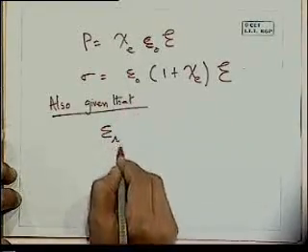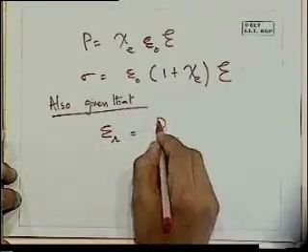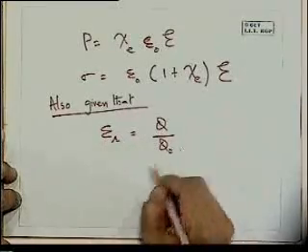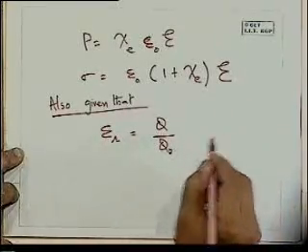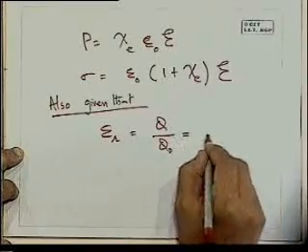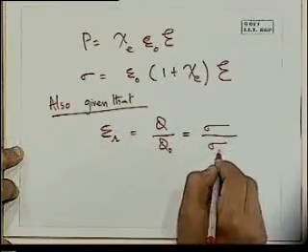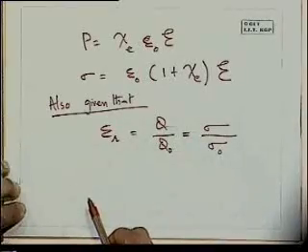Also, given that epsilon R is equal to Q by Q naught, that was part of the definition we had, either Q by Q naught or C by C naught, we can then write that in terms of densities as sigma by sigma naught. Two areas are coming in there.